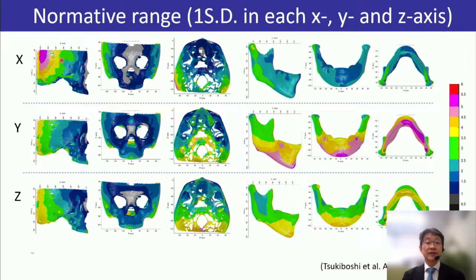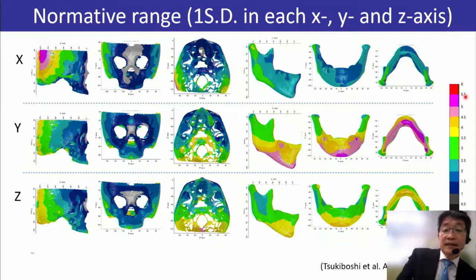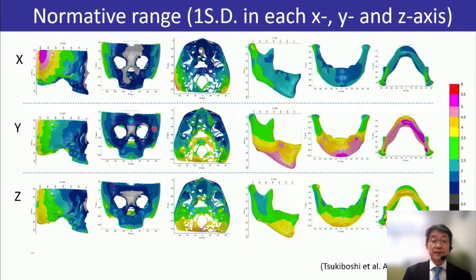As you see in the color code, the blue or the gray has small values, and the pink or the red is the high values. High value means so much variation. These ranges were mapped in each X-axis, Y-axis, Z-axis. X-axis means the transverse, Y means the vertical, and Z means the anterior-posterior direction.